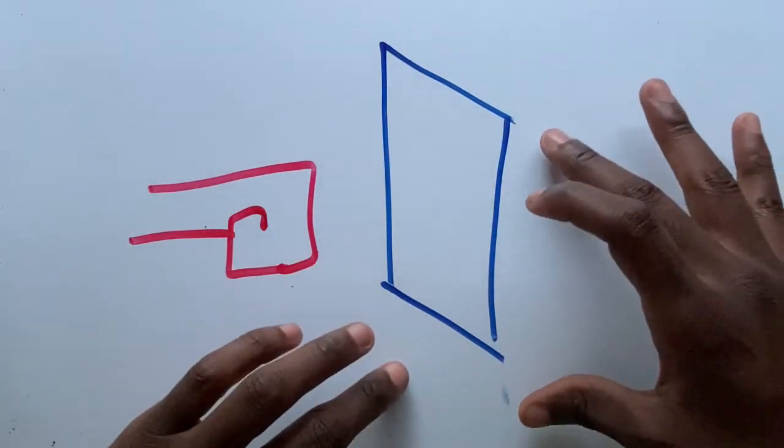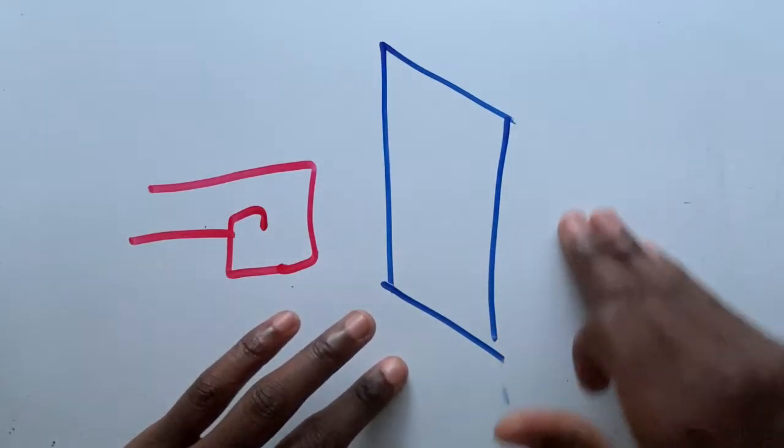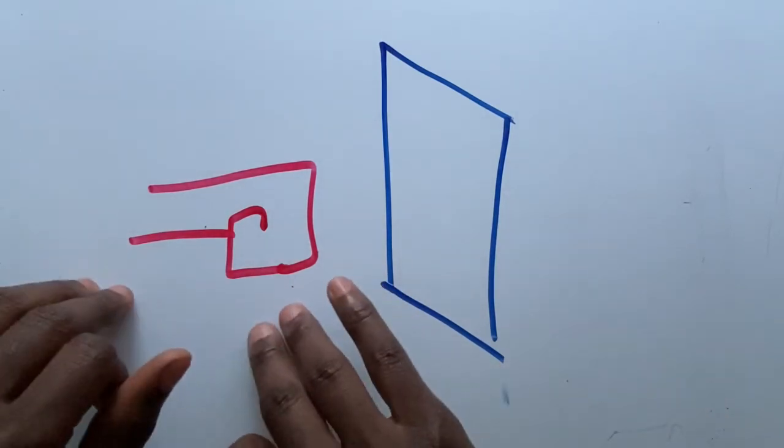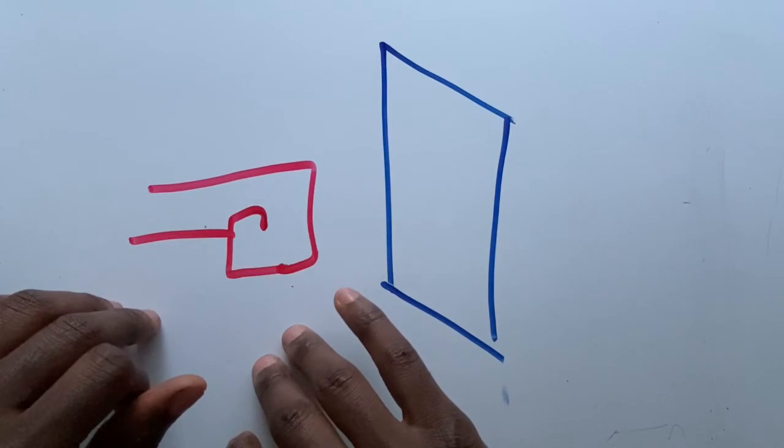Now, this piece of paper obviously has a very, very small mass, while this guy's hand may weigh a couple of kilograms or more.